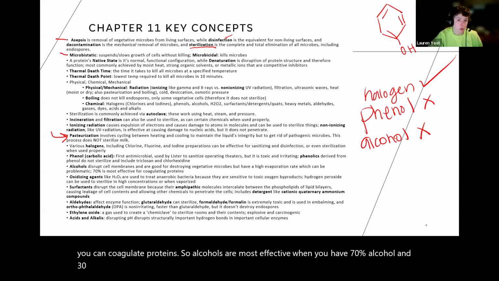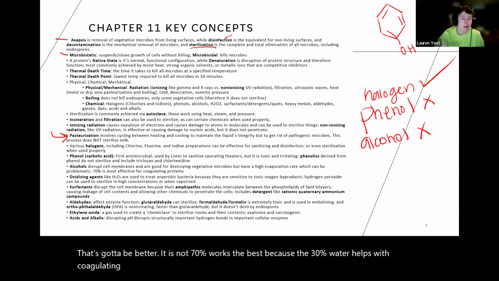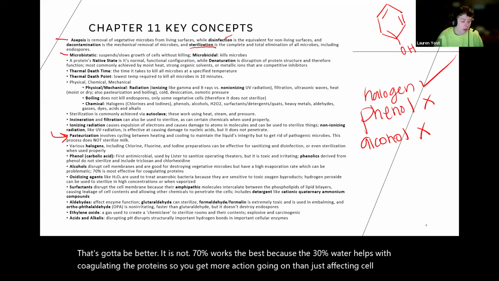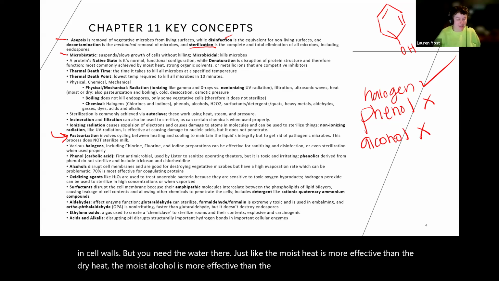You don't want to go to the store and say, oh, 90% alcohol, that's got to be better. It is not. 70% works the best because the 30% water helps with coagulating the proteins. So you get more action going on than just affecting cell membranes and cell walls, but you need the water there. Just like moist heat is more effective than dry heat, the moist alcohol is more effective than the dry alcohol, if that makes sense.